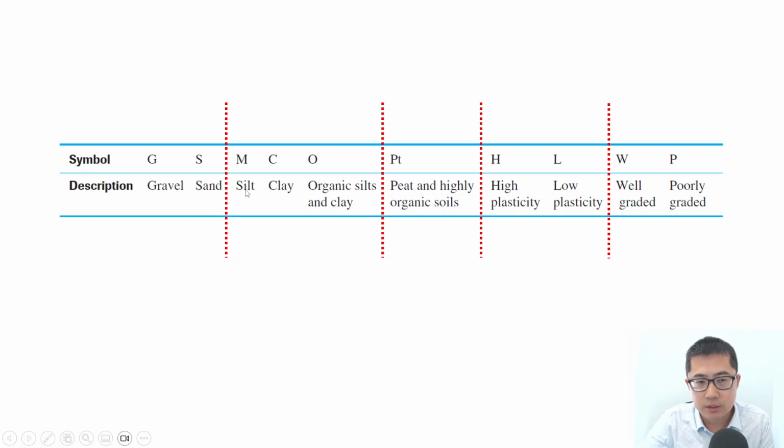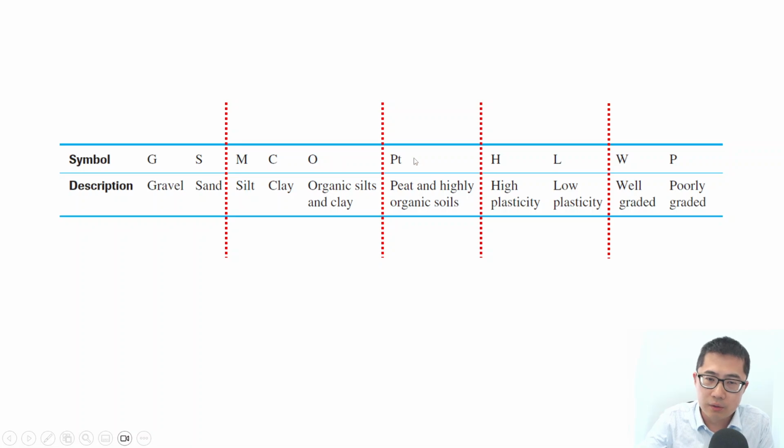M for silt. I don't really know why, but maybe M stands for medium, so silt is something in the medium. C for clay, again, pretty easy. O for organic stuff, pretty bad stuff. And then we jump onto PT. Those are the worst stuff, worse than organic. That is highly organic soils, peat.